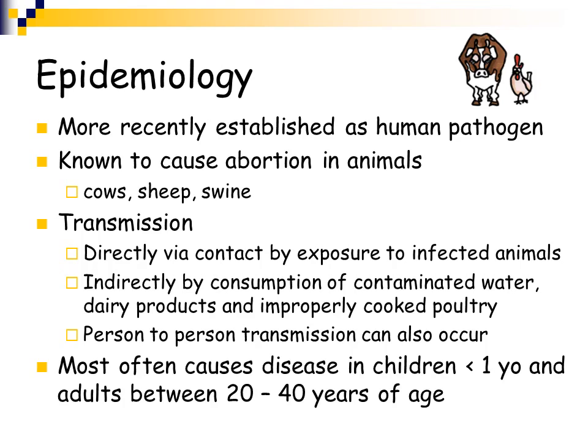You can get person-to-person transmission, and most often the disease can occur in children less than 1 year of age and adults between 20 and 40 years of age.